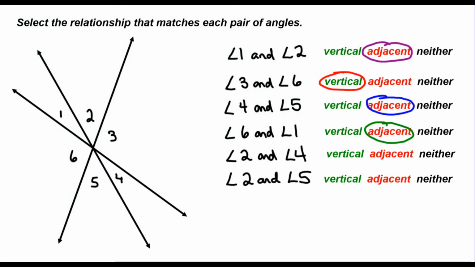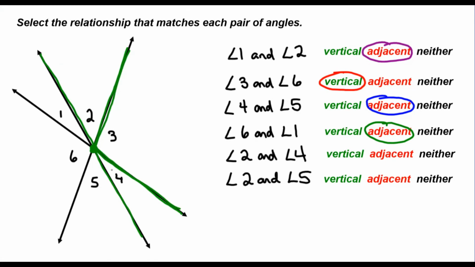Angle 2 and angle 4, here's angle 2, and here's angle 4. They're not adjacent. Are they vertical? They're actually not vertical because this is a straight line here, but this line right here is not a straight line.